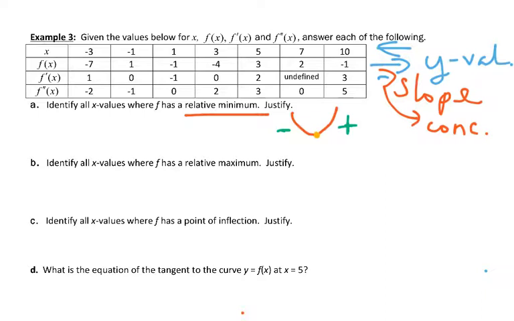Because this involves slope, I'm only focused on the slope, right? So I'm looking only at f prime and seeing where the derivative changes from negative to positive.